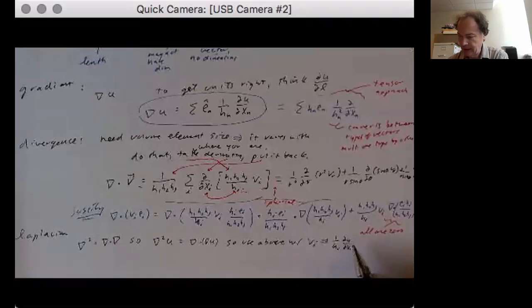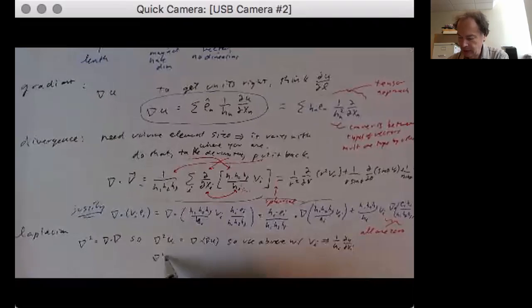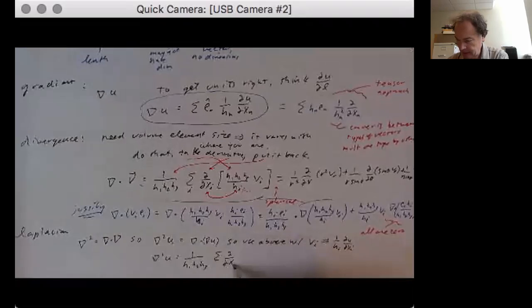And if you do that, you get del squared u is equal to 1 over h1 h2 h3 times the sum of partial x sub i of h1 h2 h3 over h sub i squared.